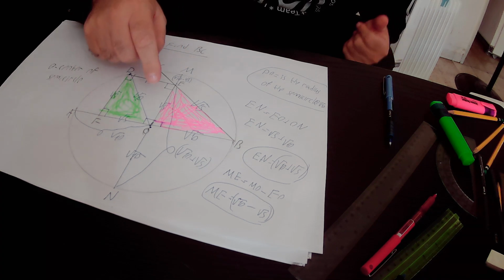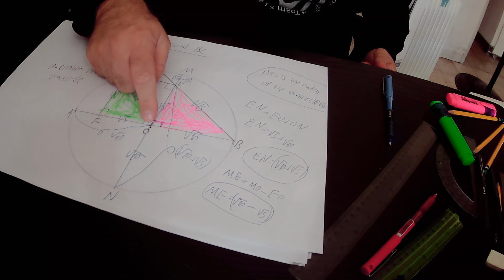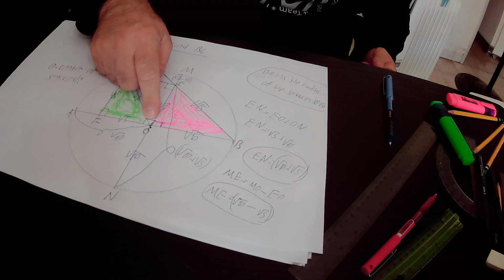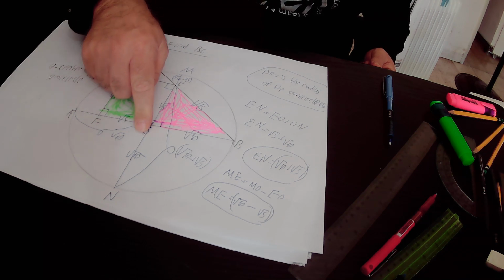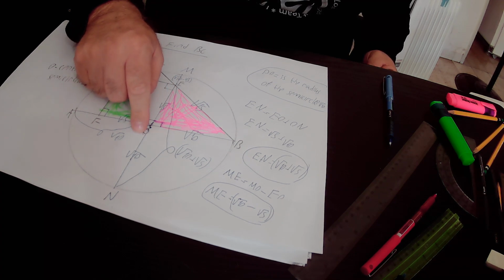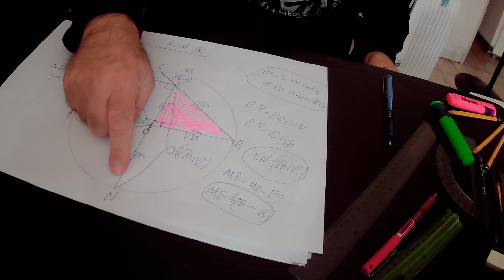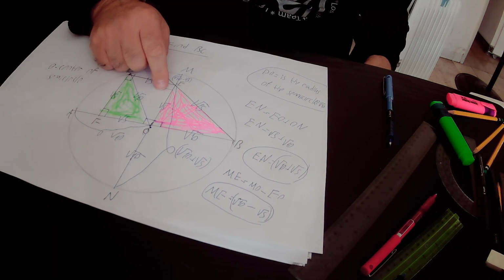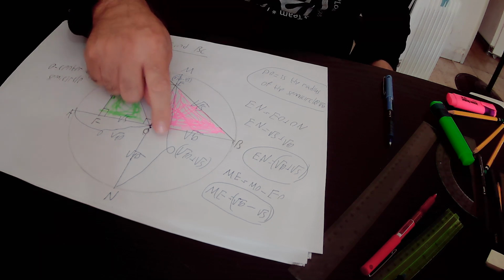Then we extended the line segment EO by a straight line towards the lower side, until it touches the circle at point N. Point N is the touching point of the extended line segment EO and the circle.